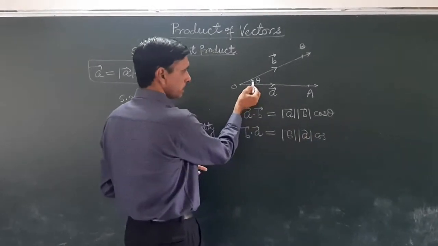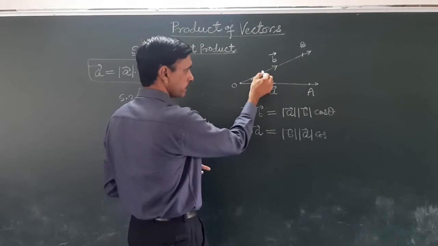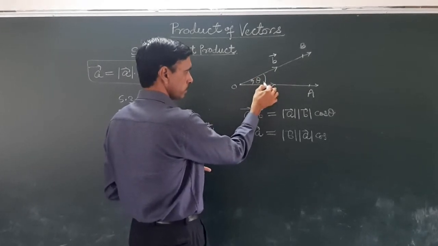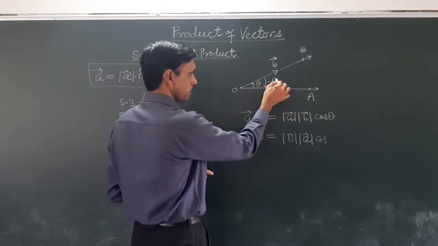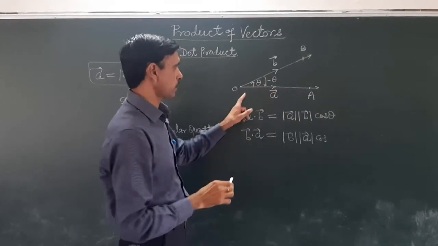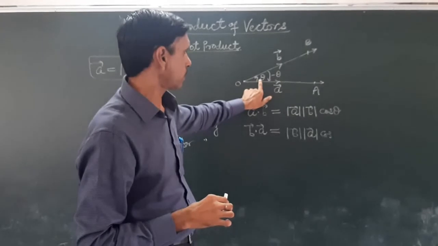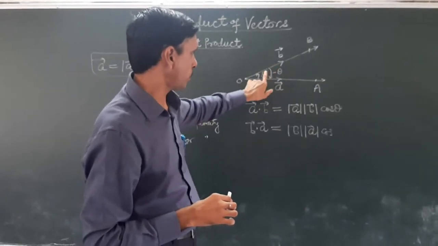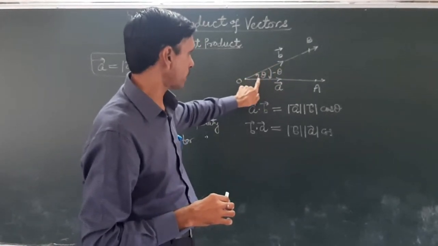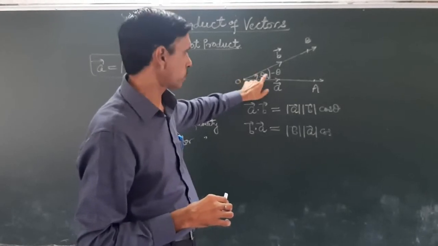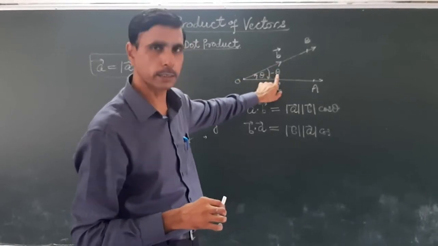You cannot change the direction if you reverse the direction. This will be minus theta. Here, important point. Theta is the angle between A and B, measured from A to B, directed from A to B. तो अगर आप B to A लेंगे, this becomes minus theta.